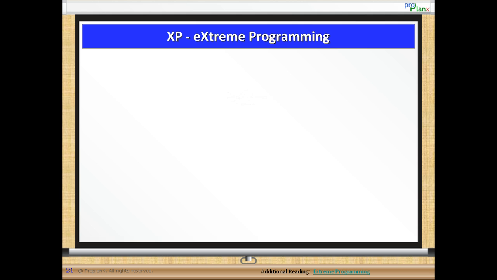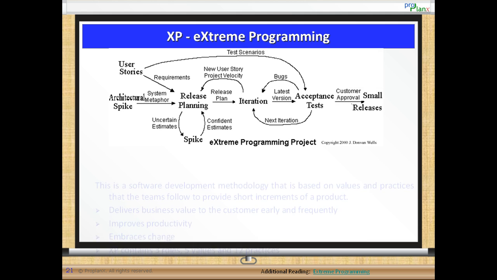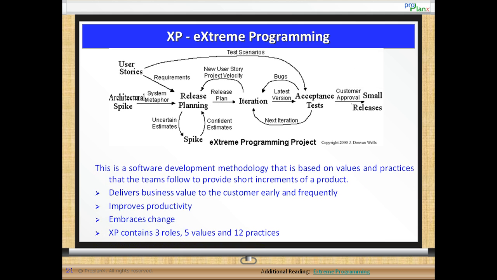XP, Extreme Programming. Extreme Programming, or XP for short, is a software development methodology which is intended to improve software quality and responsiveness to changing customer requirements. XP advocates frequent releases in short development cycles and encourages practices such as test-first development, pair programming, and many others.